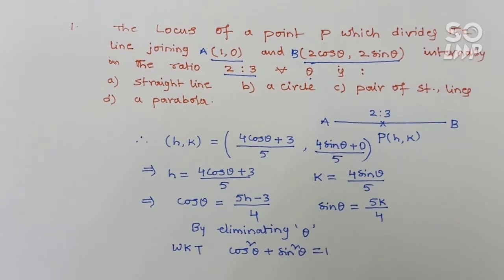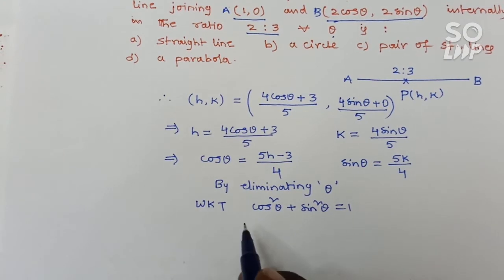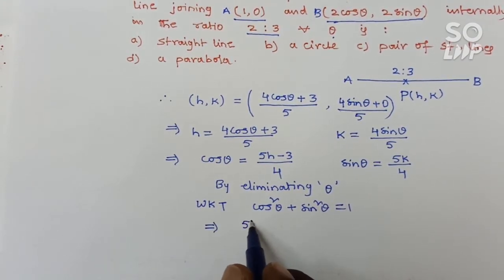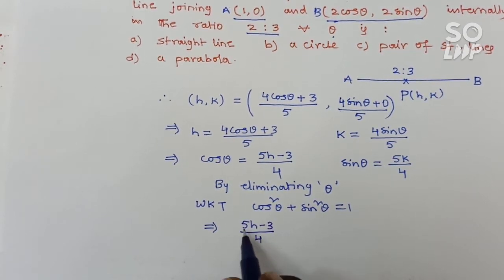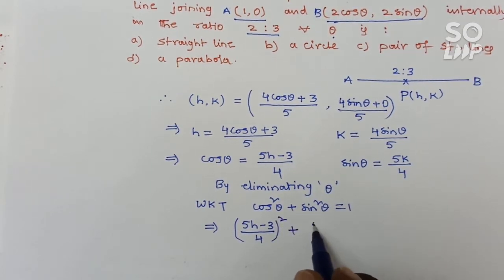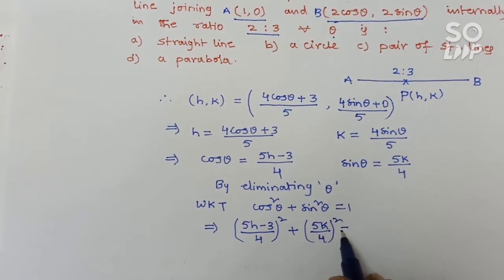Now substitute the cos theta and sin theta values. That implies ((5h minus 3)/4) whole square plus (5k/4) whole square equals 1.